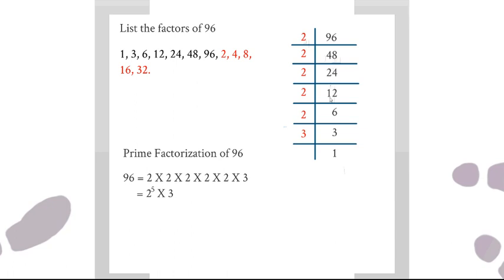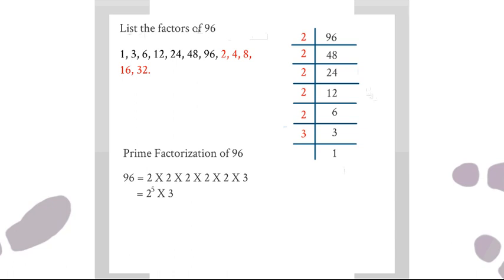And we continue the division process until we hit a 3. Then we say that 3 cannot be divided by 2. I need to divide 3 by the lowest prime factor of 3, which is 3. So 3 divided by 3 equals 1. Once I reach 1 here, my division process ends.